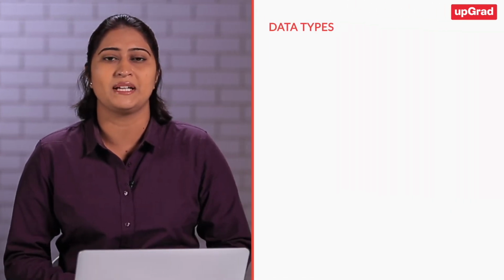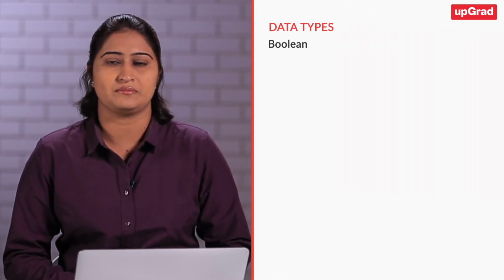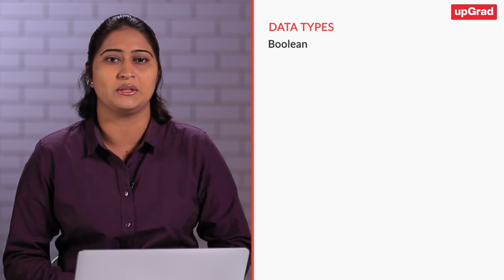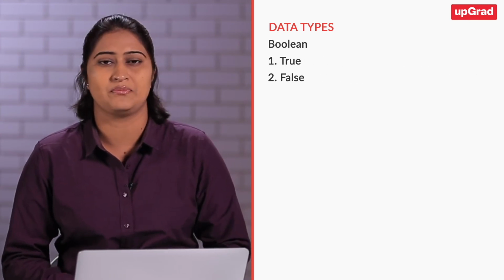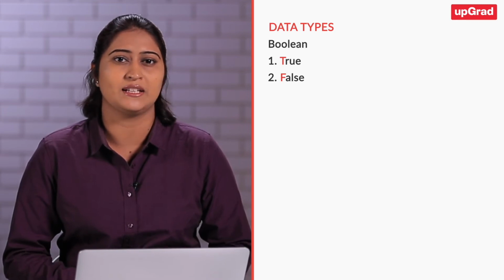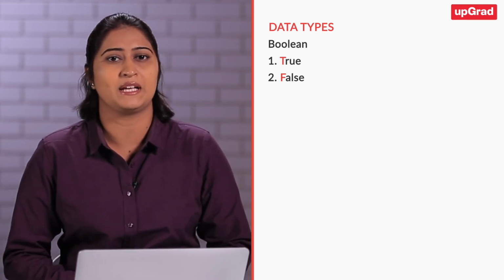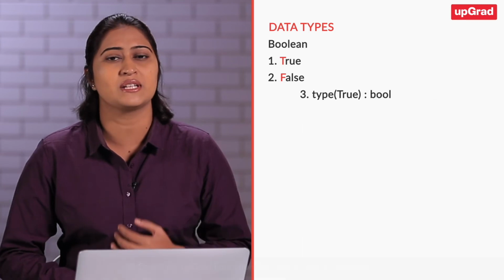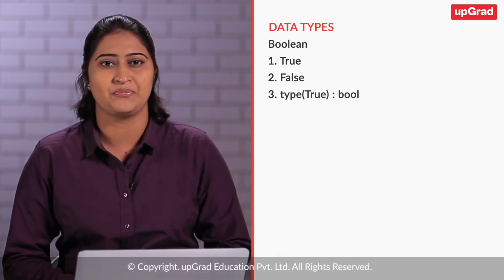Let's see another common data type in Python, a boolean. It can take either of two values, True or False. Be careful, the first characters, that is T and F, should be capital. Using the type command on a boolean value, we obtain the term bool. You can change the type of the expression in Python.